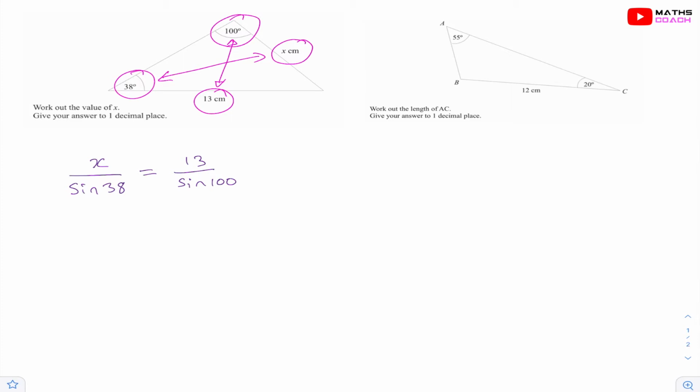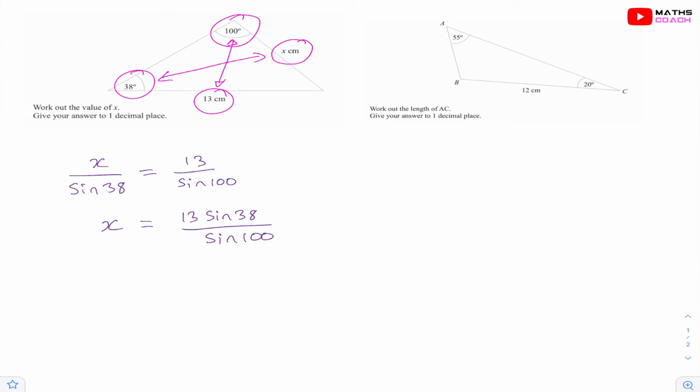So we will get rid of that by multiplying on the other side, giving us x is equal to 13 times sine 38. And we can write that as 13 sine 38, and it's going to be over sine 100. Now, if you get your calculators and put this into your calculator, make sure you're in degrees mode, of course. So you get 13 times sine 38.